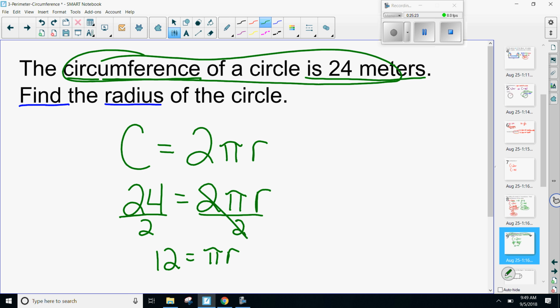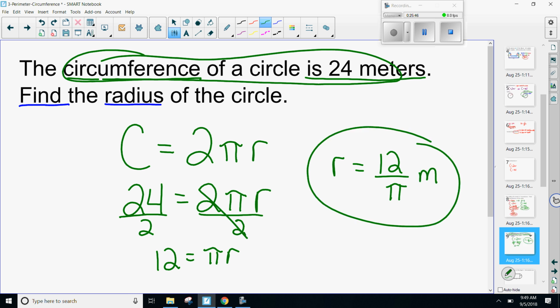So your radius can be found by doing what? Dividing by pi. My radius is going to be 12, and I'm going to divide it by pi. That looks awkward, right? What are your units? Radius is a length, so it's going to be in meters. That looks awkward. But can you tell me what an approximation would be for that radius?